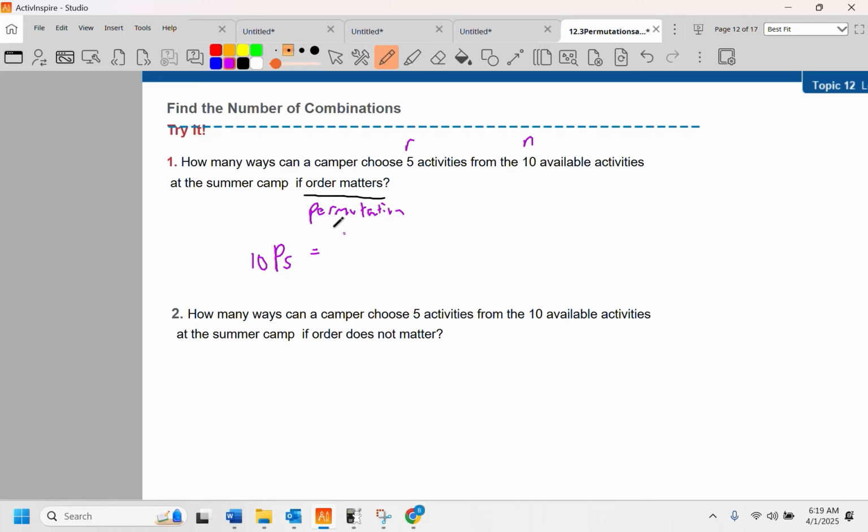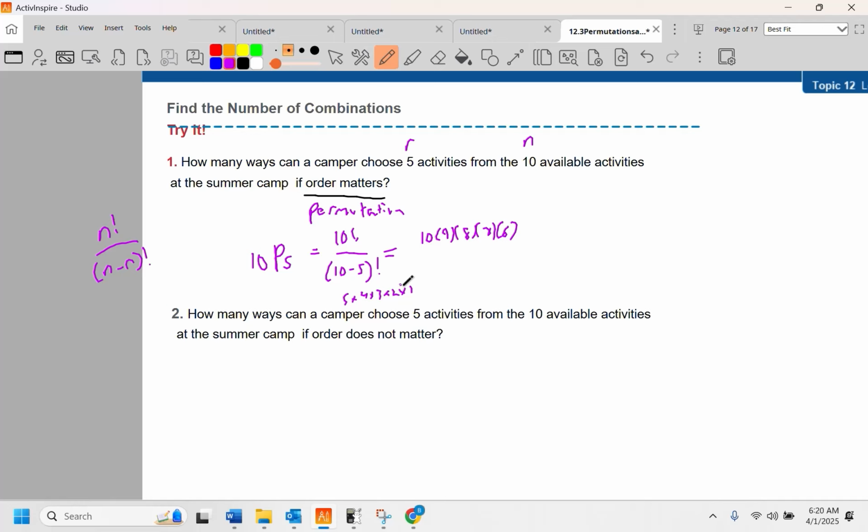If it's a permutation, we follow the formula n factorial over n minus r factorial. So we're going to have 10 factorial over 10 minus 5 all factorial. And what you're going to be left with is 10 times 9 times 8 times 7 times 6, because here's going to be a 5 times a 4 times a 3 times a 2 times a 1.